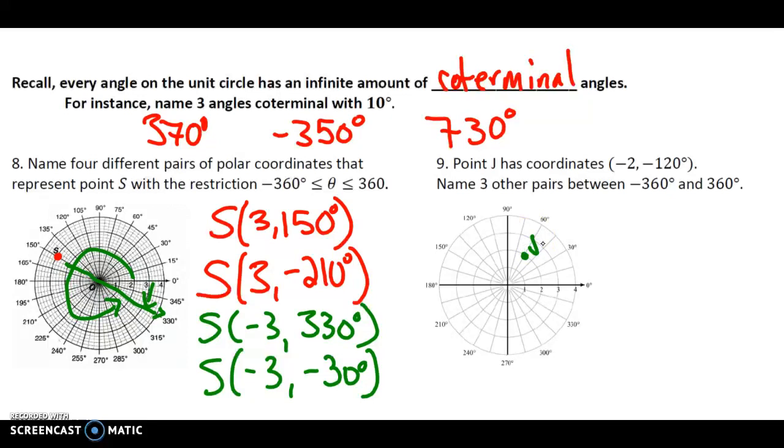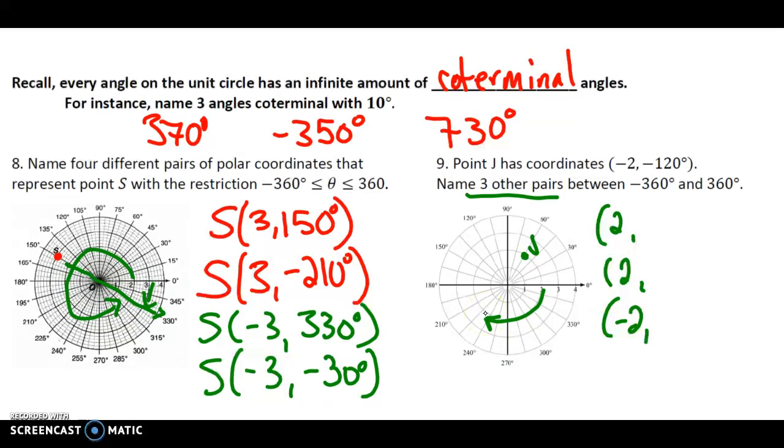So now we're going to name 3 other pairs. So we're going to have 2 positive and another negative. So negative 120 was clockwise. Well, how do I get to negative 120 going counterclockwise?